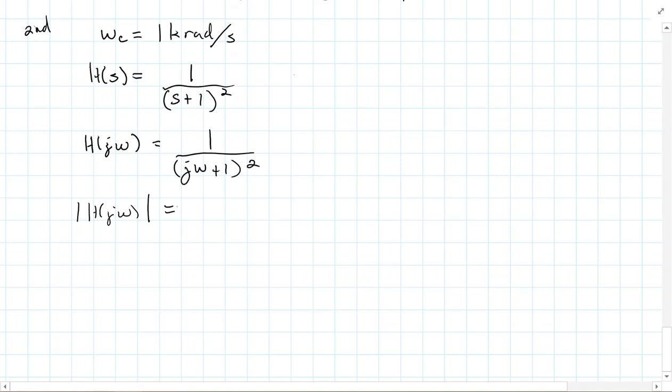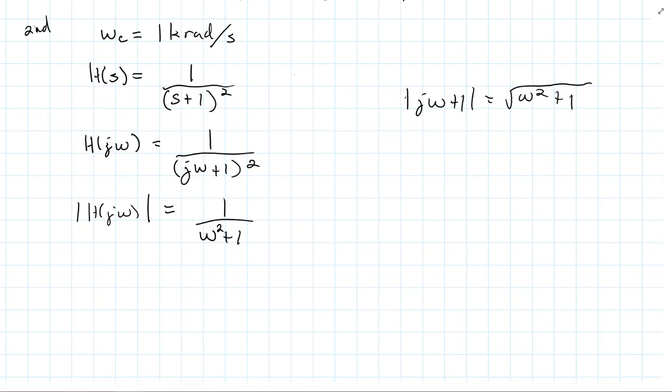It actually turns out to be 1 over omega squared plus 1, I believe. Let me double check that. Because if we look at this, the magnitude of j omega plus 1 is the square root of omega squared plus 1. But then what are you doing to it? You're squaring it.